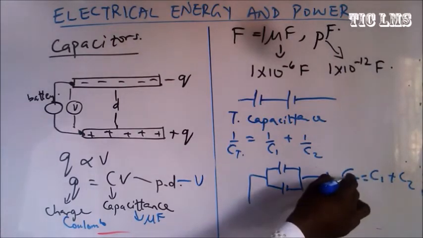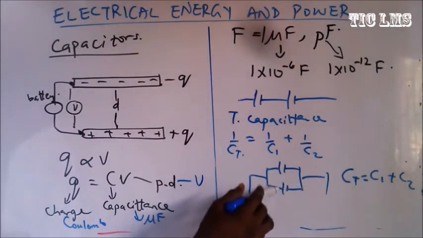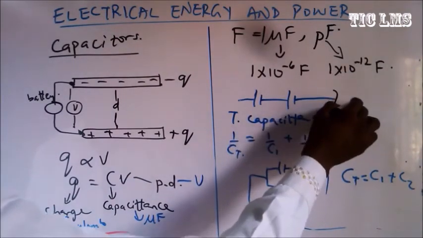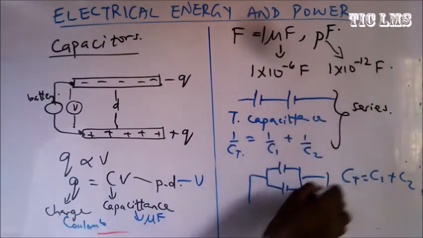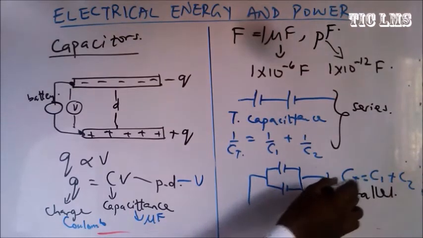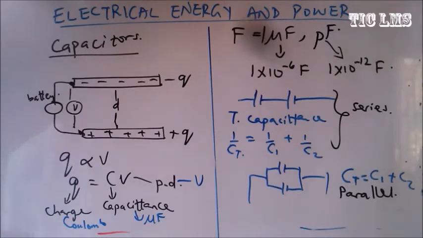So here we have series, and over here we have parallel. So we have C equal to C1 plus C2. This is the exact opposite of resistors.